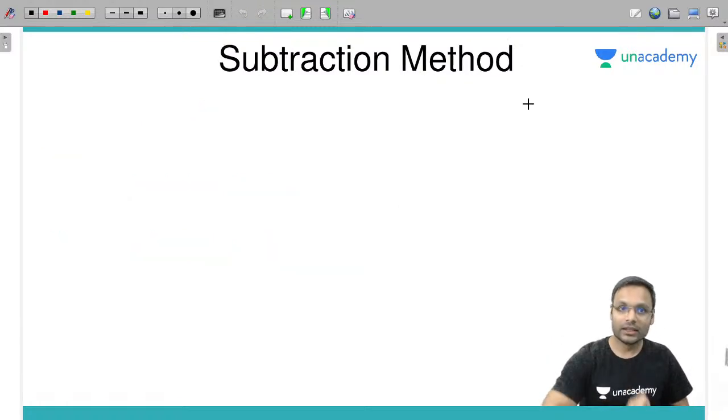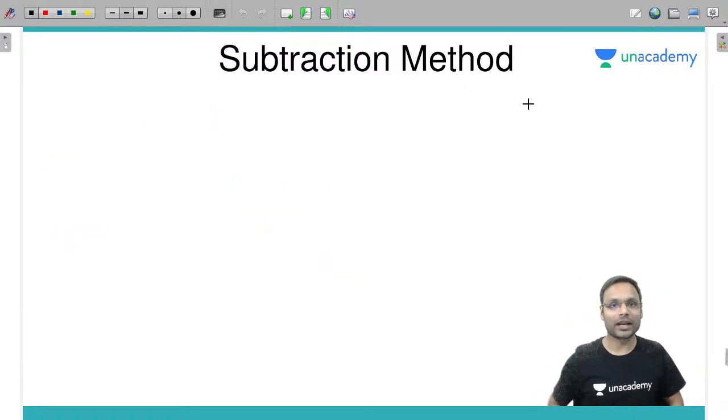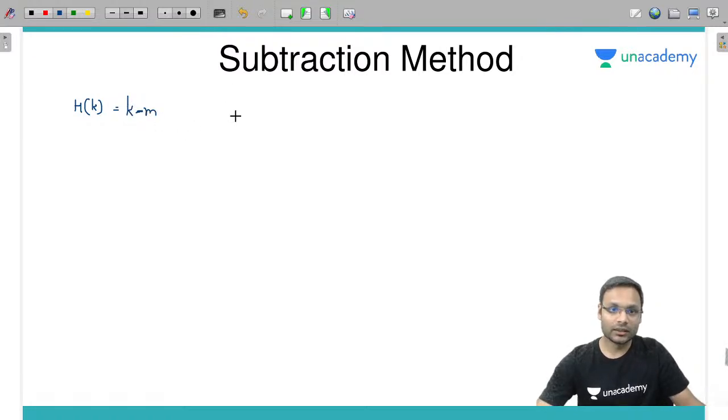Let us go next, which is the subtraction method. If you understood direct hashing, then you will be able to understand this also. Now what is the subtraction method? It is very easy. The subtraction method says that h of k is equal to k minus m, where m is a chosen integer.